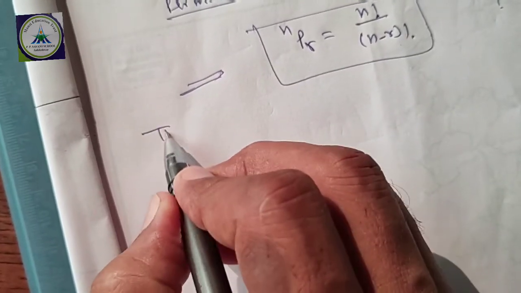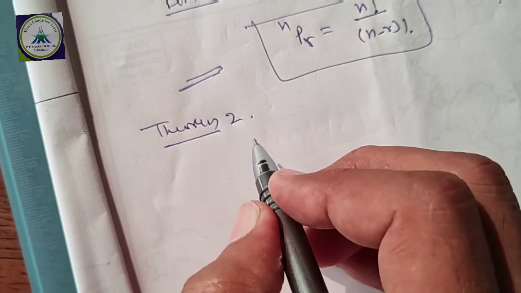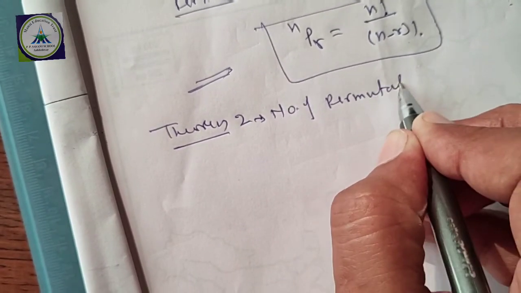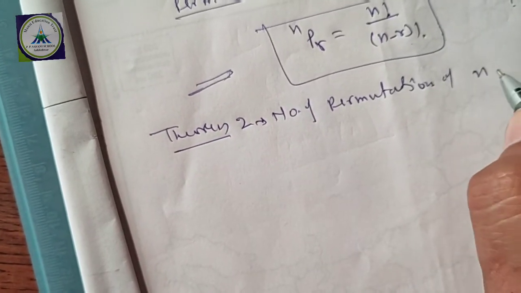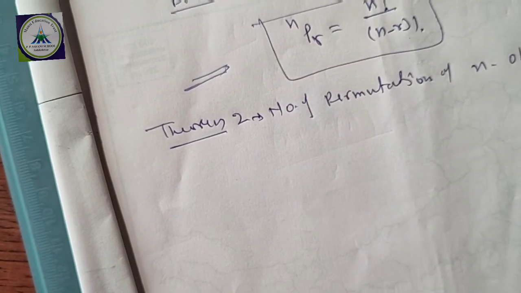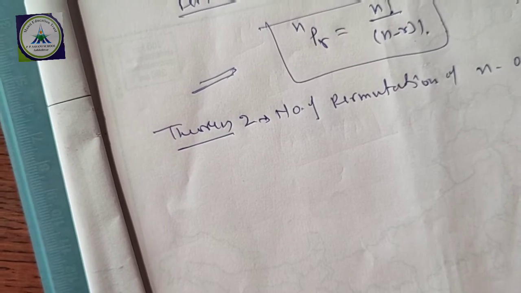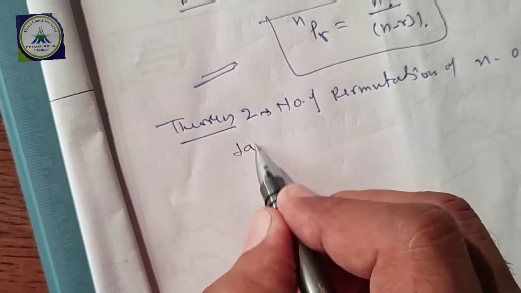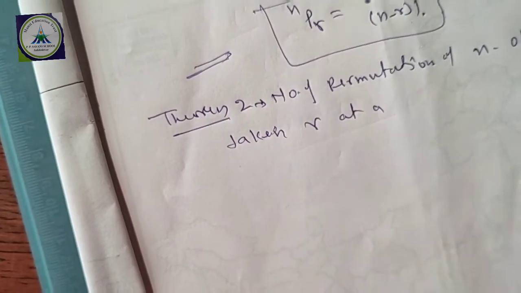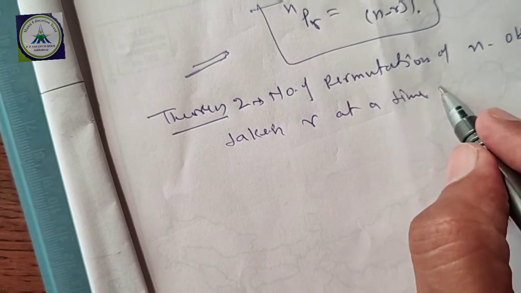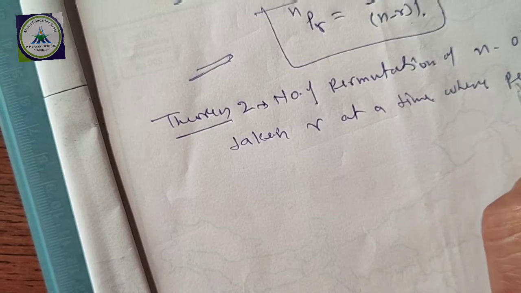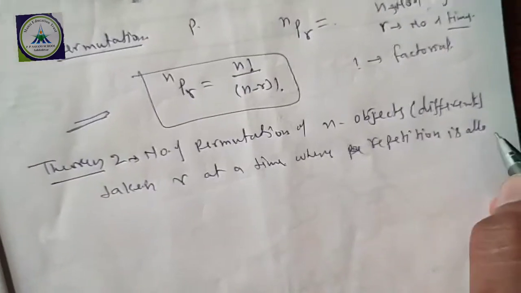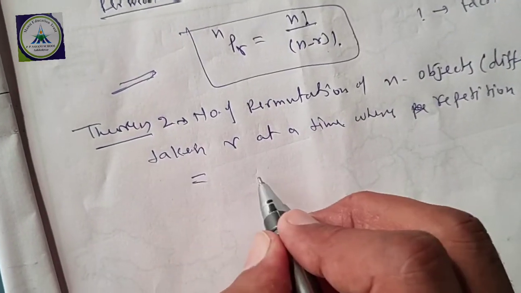Right. Next, theorem 2. The number of permutations of n objects of different types, taken r at a time, where repetition is allowed, will be equal to n raised to r.